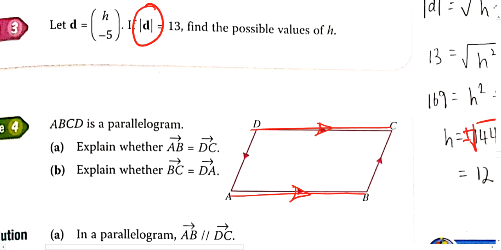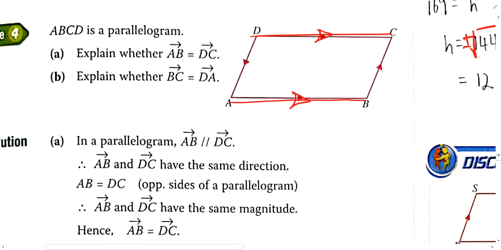Okay, so for this parallelogram, very straightforward. We know that they have the same direction because it is a parallelogram, and we know that AB is parallel to DC.